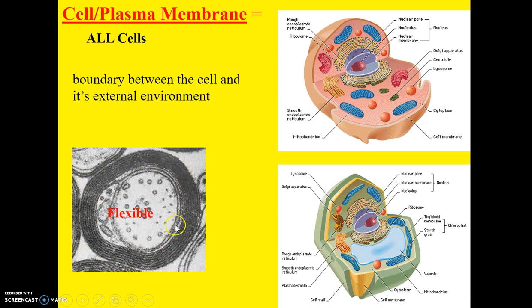So it can bend and move around and really adapt and react to the environment that's around it. Just the structure of the cell membrane allows it to be that flexible membrane around the cell. It's like the skin. You can squeeze and move and bend and do all of that with your skin. You can do the same thing with the cell membrane.